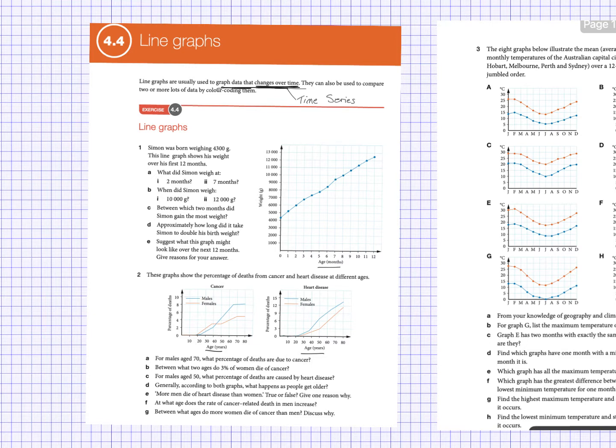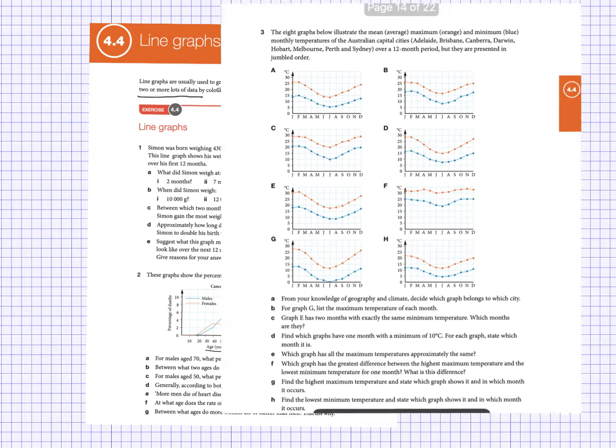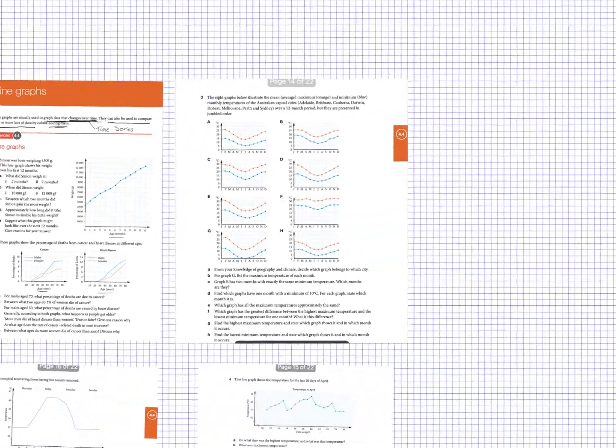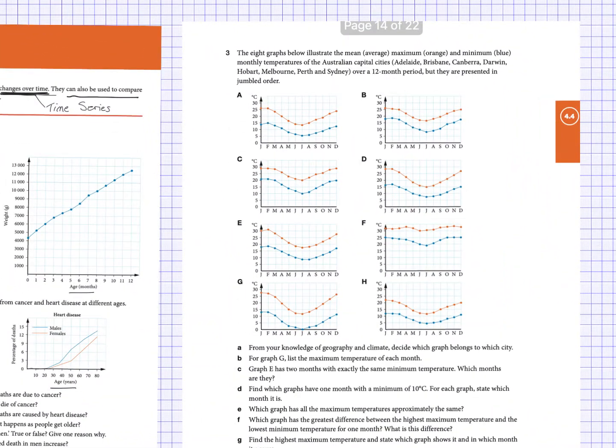They change over time. They can also be used to compare two or more lots of data by color coding the lines. So if you look over here on the right hand side, you can see a blue line and an orange line, and we know that those are two different sets of data. This one says they show average monthly temperatures of cities, Adelaide, Brisbane, over a 12-month period, but they're presented in jumbled order, so we'd have to match them up.